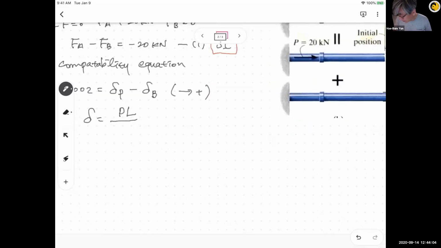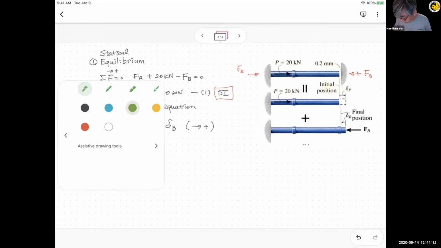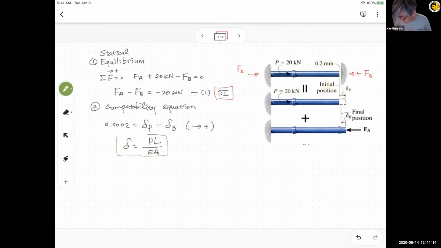PL over, oops, EA. So then we're going to use this formula. And you can see that what we need is to convert delta to force, which is FA and FB, right? So then we will get the secondary equation.